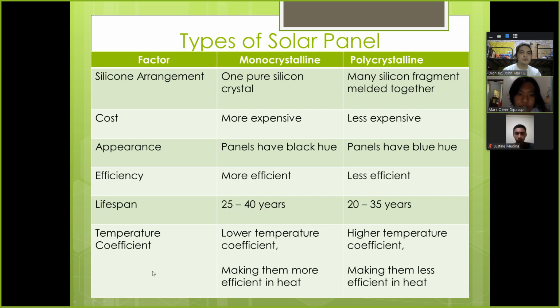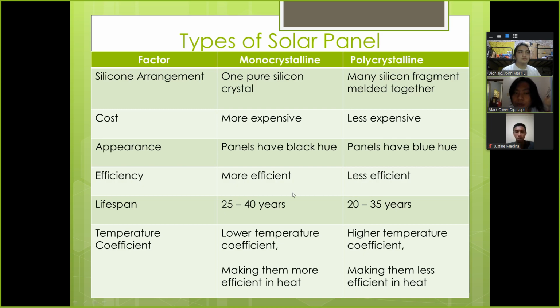So, temperature coefficient. Yung monocrystalline, meron siyang low temperature coefficient, meaning mas tumatagal siya sa init, sa mga hot climates. Ito naman sa polycrystalline, meron siyang high temperature coefficient, making them less efficient.